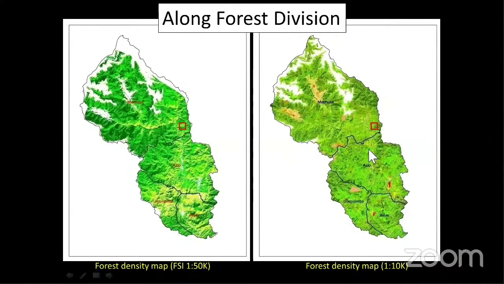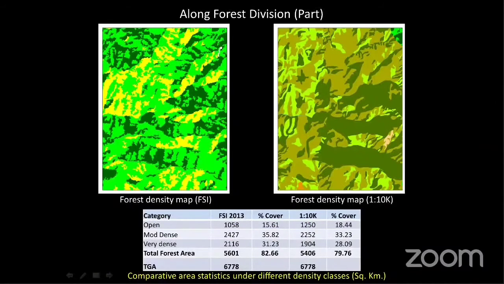At a glance, these differences may not be apparent, but if you look a little more minutely, you see that within these classes there are small variations. If we analyze a small area, you see this. Now you see the FSI map and the one prepared at 1:10,000 scale by NESAC. The trend may be similar, but within these classes there are lots of variations.